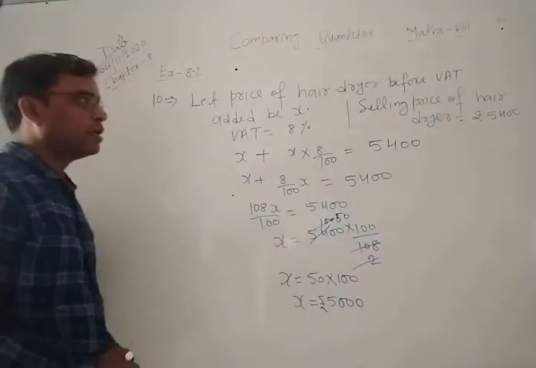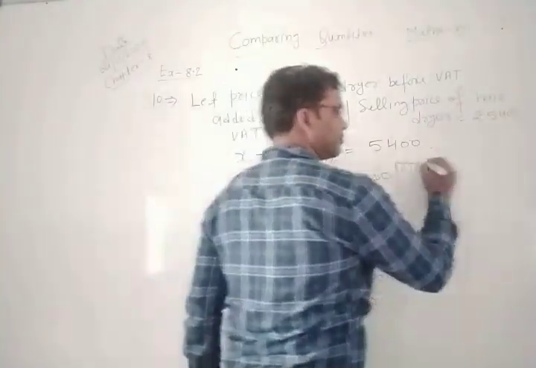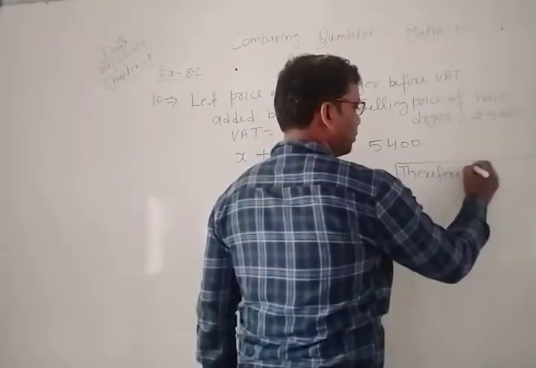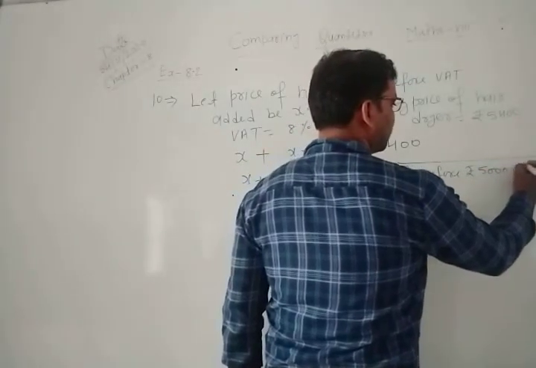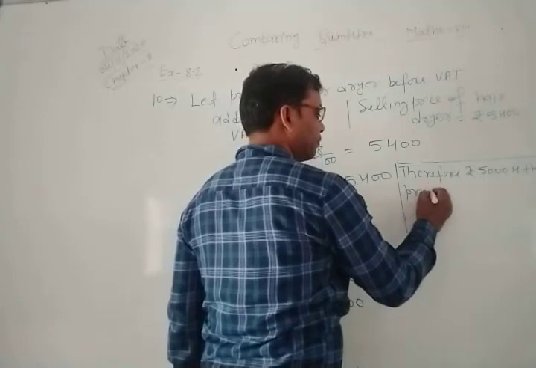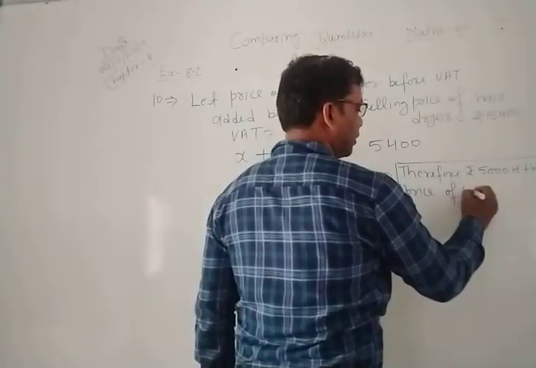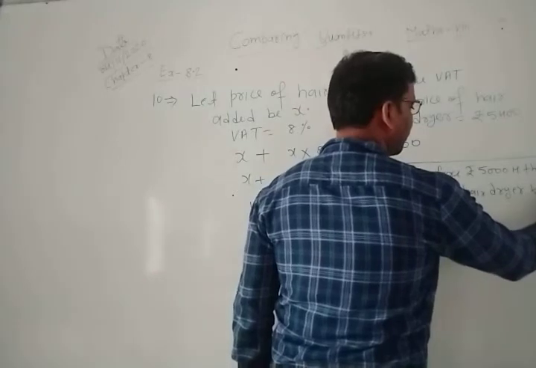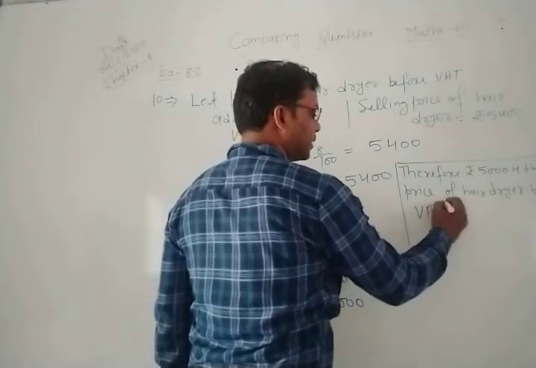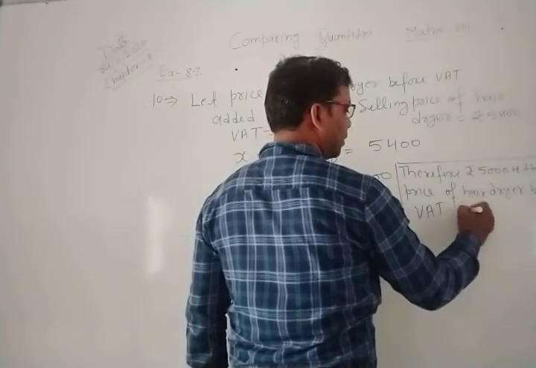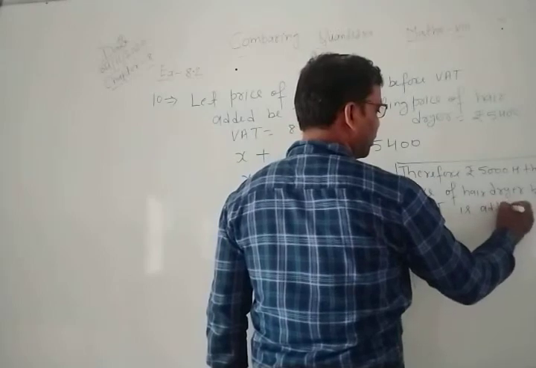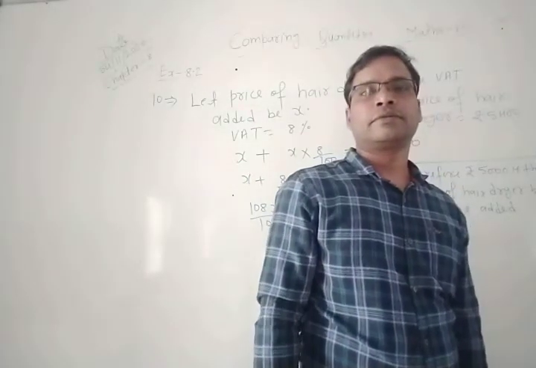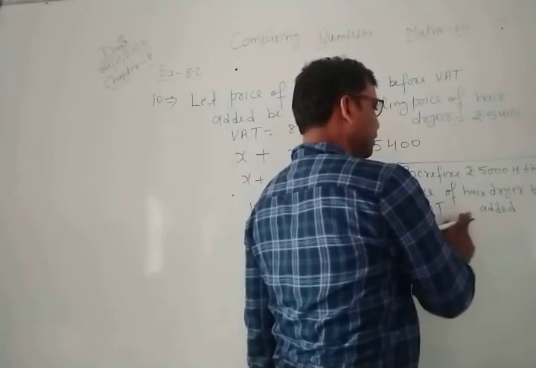So at last you can write here: therefore, rupees 5000 is the price of hair dryer before value added tax was added. This is clear?